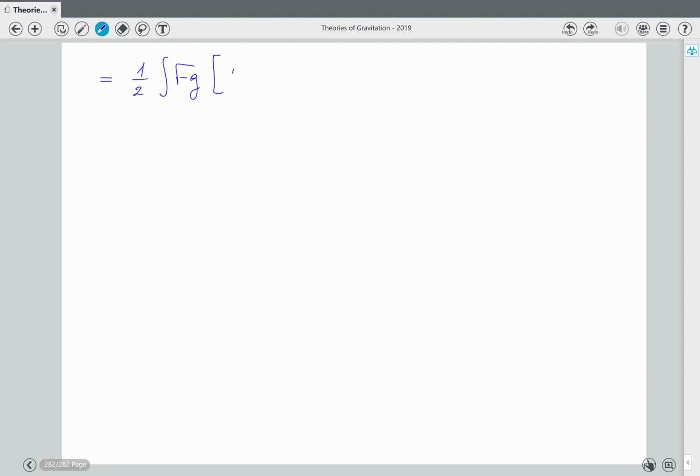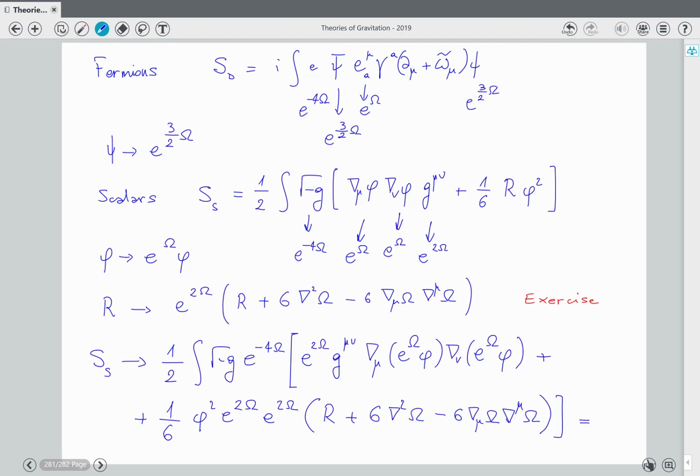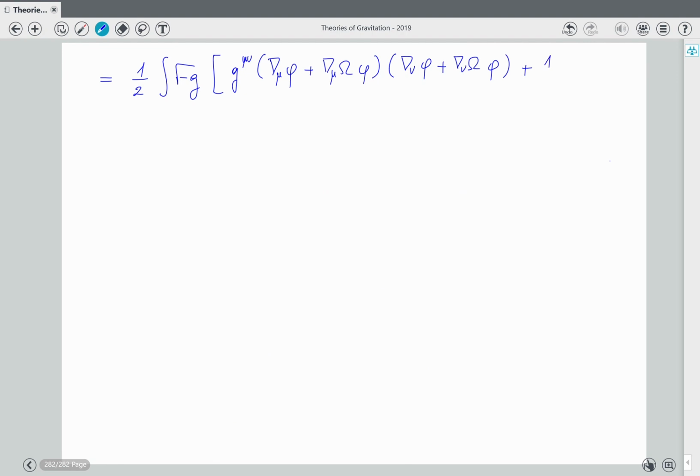So we get g mu nu, partial mu phi plus partial mu omega phi, and the same there, partial nu phi plus partial nu omega phi, plus 1/6 R phi squared, which is what we want.